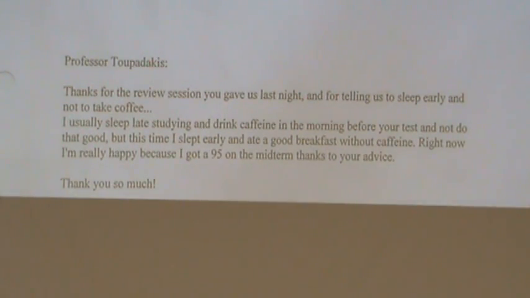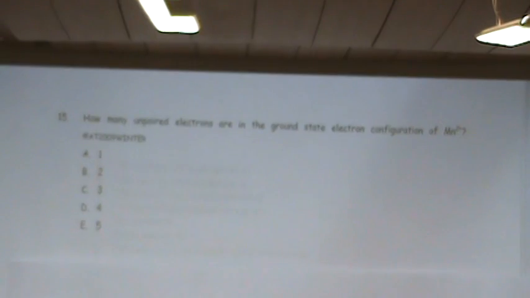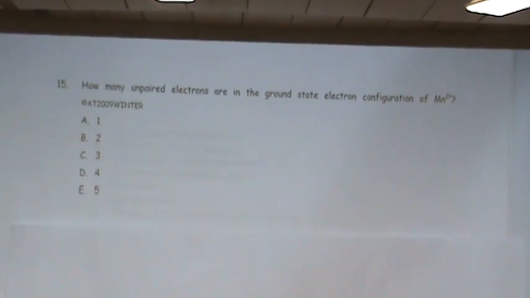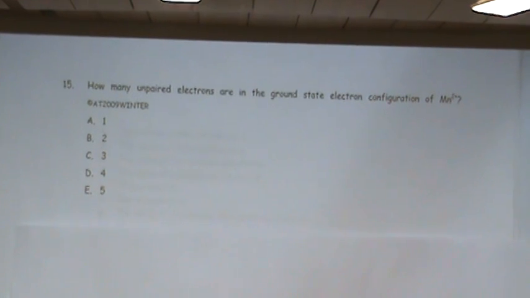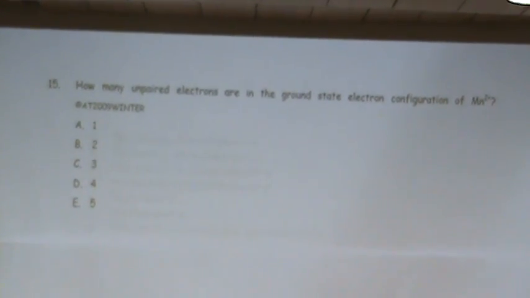So the problem says, how many unpaired electrons are in the ground state electron configuration of manganese 2 plus? So how do we do this problem? We write the electron configuration of the atom itself, and then we go to the ion, right?